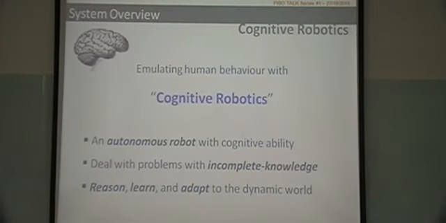So what is cognitive ability? It's an autonomous robot that can deal with incomplete knowledge. It's like artificial intelligence, but we also include the ability to learn, to reason, and to adapt to the world. This is one definition of cognitive robotics.